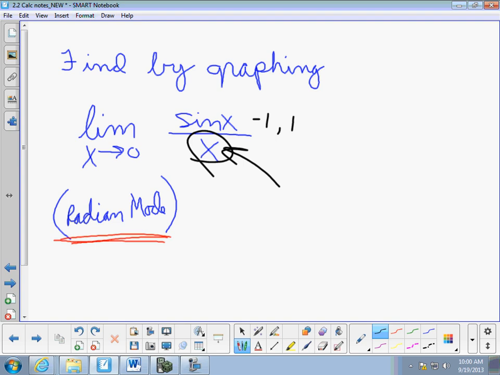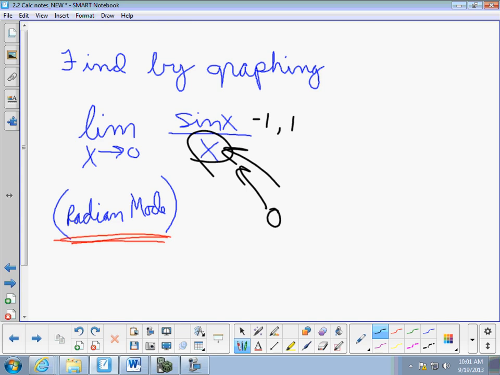But now here's the interesting thing. As x approaches 0, typically a fraction approaches what number? When the denominator of a fraction gets smaller and smaller, the fraction gets bigger and bigger. So you would think this thing should be going to infinity, right? But here's the kicker.